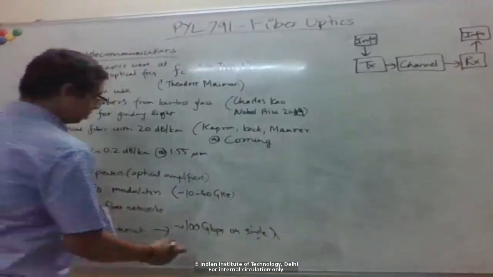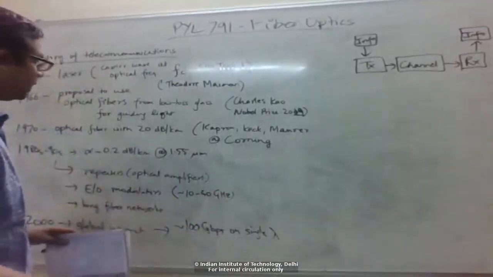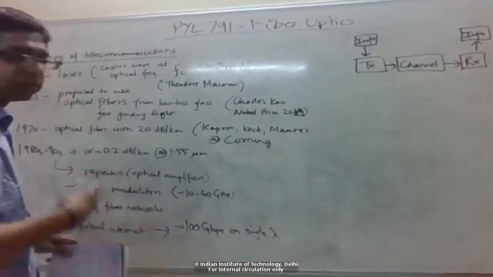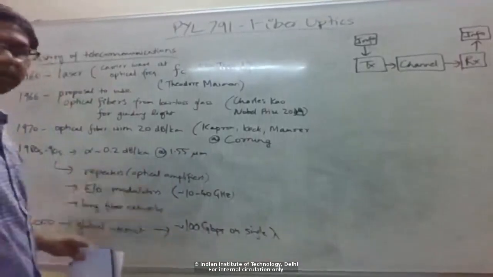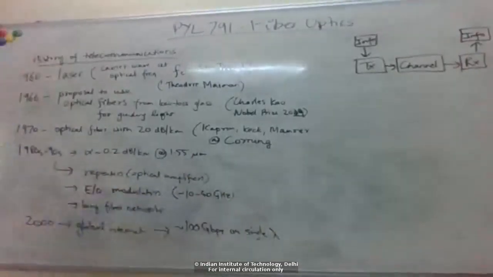And then people also figured out how to send multiple. The nice thing about this optical fiber is that it can support multiple modes at different frequencies, right? So you can send multiple wavelengths which don't interfere with each other. Okay.